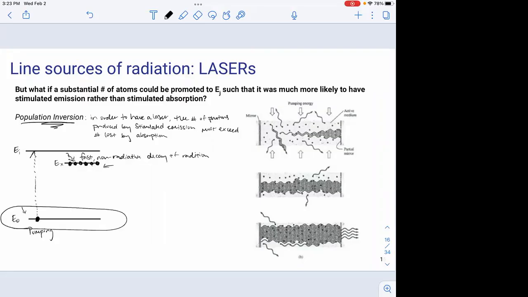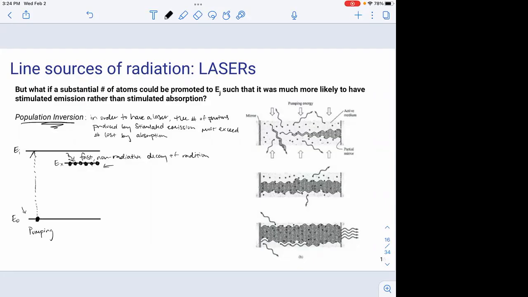But by pumping, by actively exciting a large proportion of our active lasing medium into this metastable state, we can grow the population of excited atoms, ions, molecules in order to get the ability to lase.